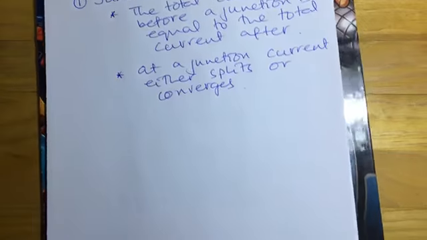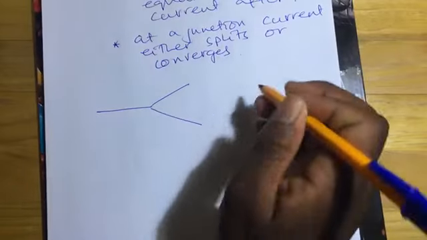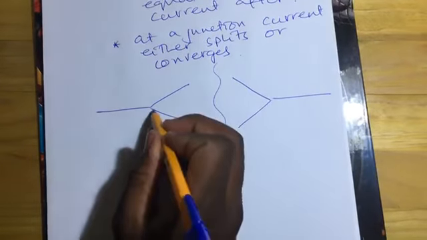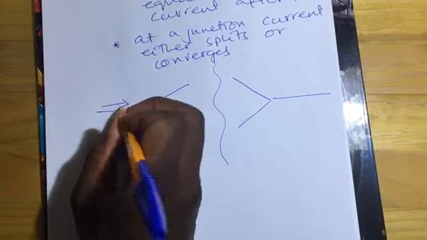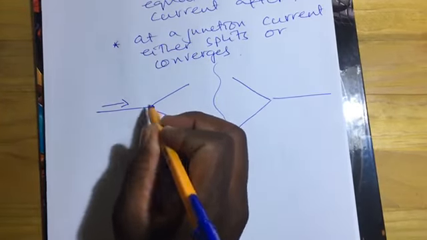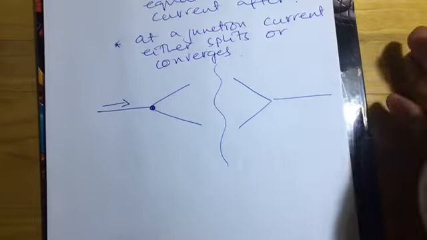All right, so imagine we have these two scenarios. This is scenario one. We have current coming from this direction, and it reaches a junction. At each and every junction, current will always split, but it doesn't split into two equal parts.